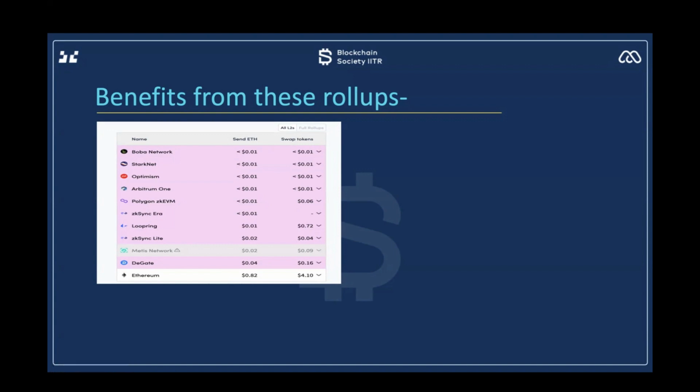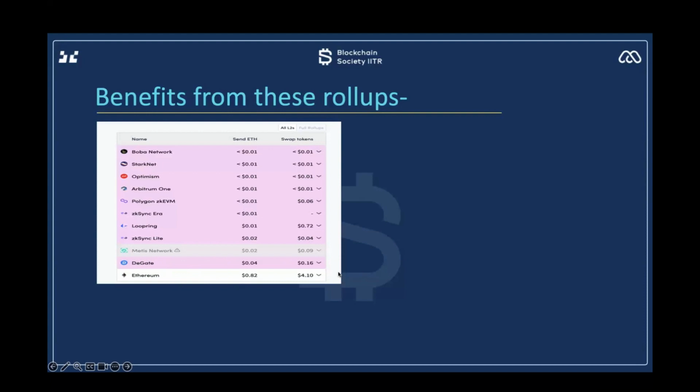The gas fee reductions are significant, and for swapping tokens it takes $4.1 on Ethereum, but on ZK rollups it is significantly low. One more thing you can notice here is that in Starknet it's 0.01, but in ZK Sync Lite it's 0.04, and in the others 0.09 and 0.16.